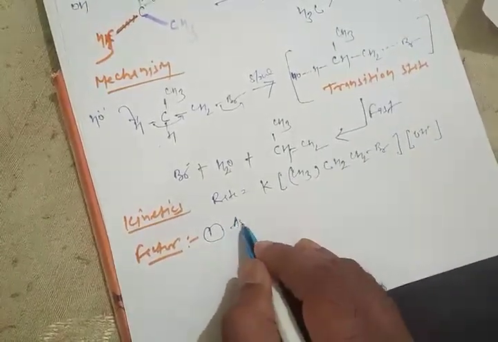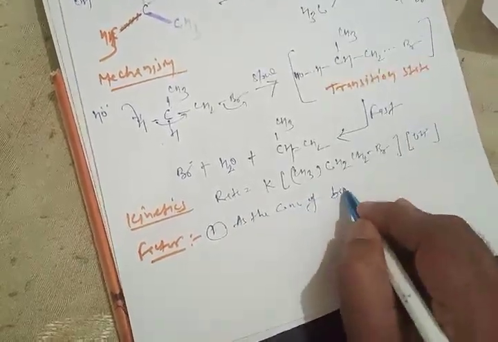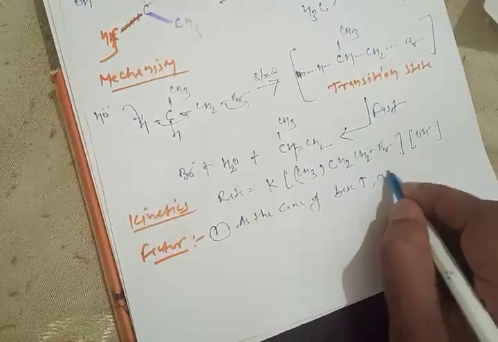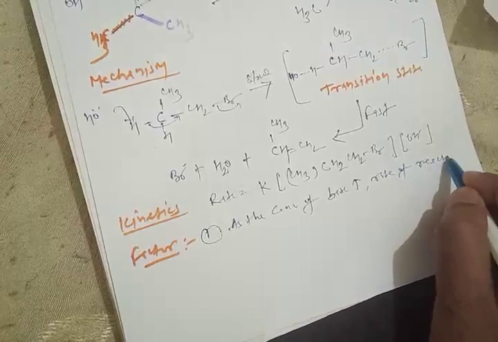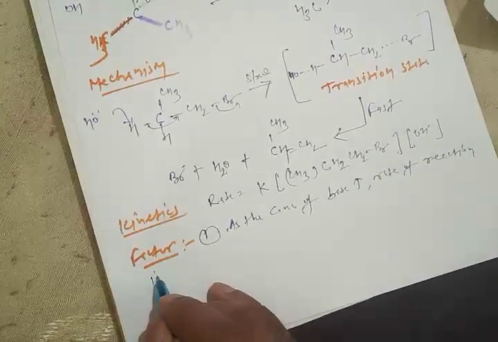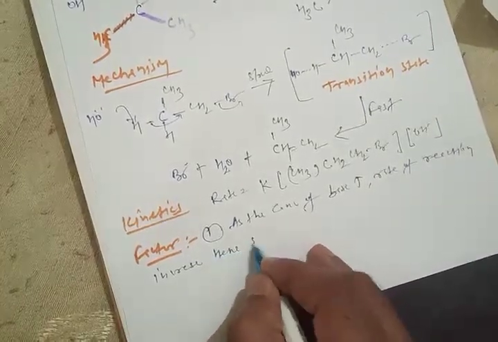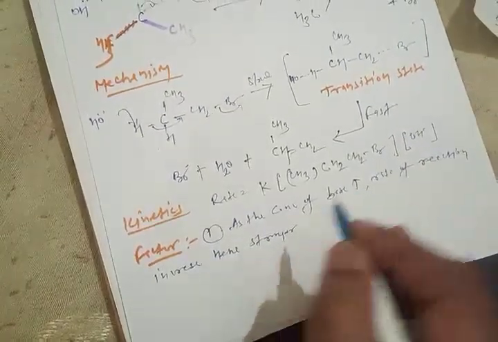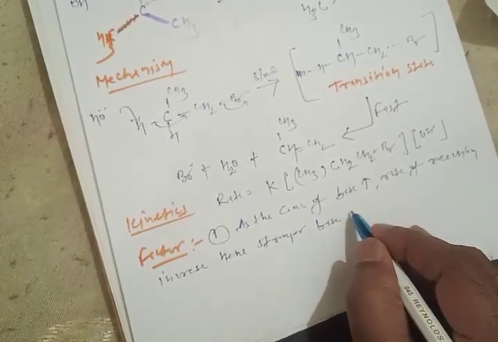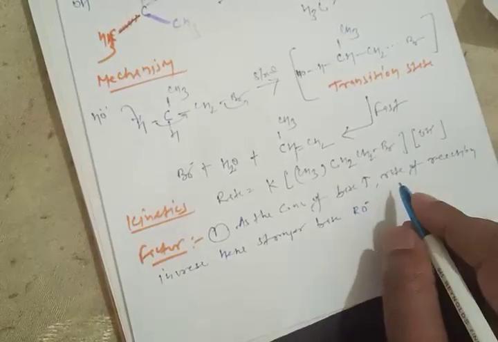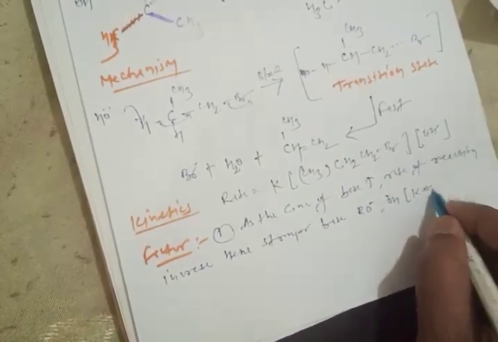Hence we require a stronger base, unlike E1 where a weaker base works. What is a stronger base? Like RO negative, or OH negative, that means KOH.